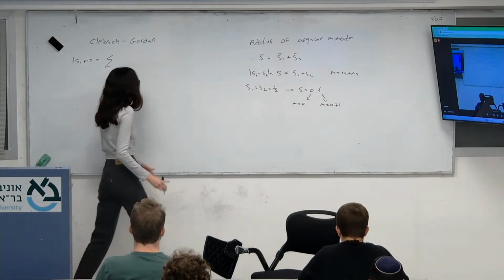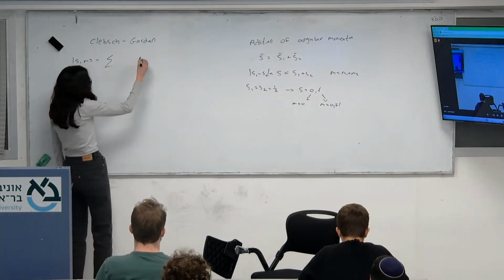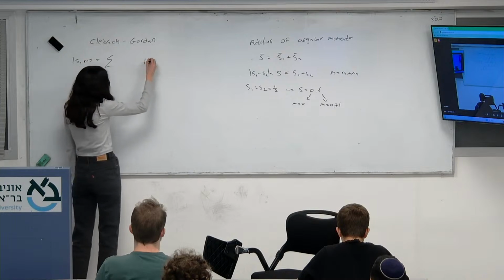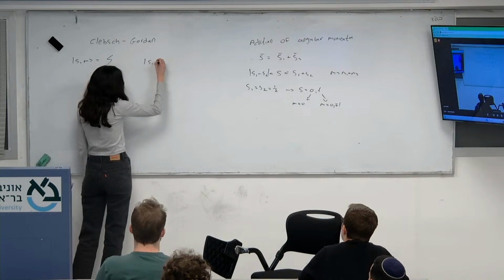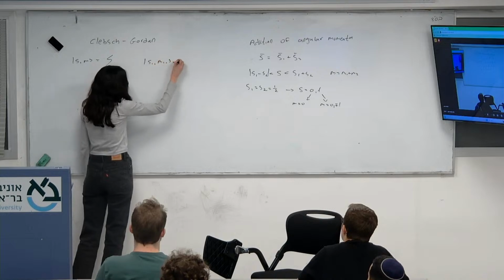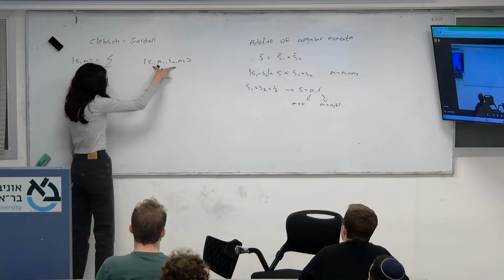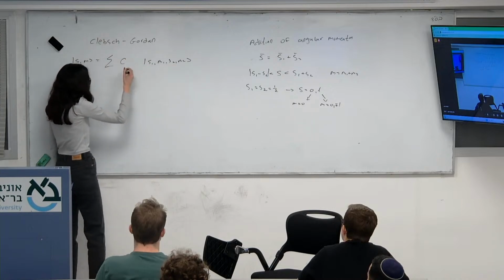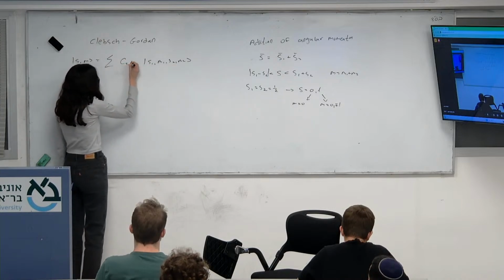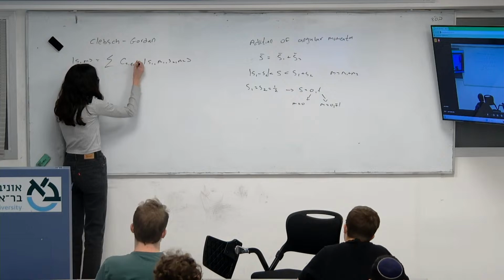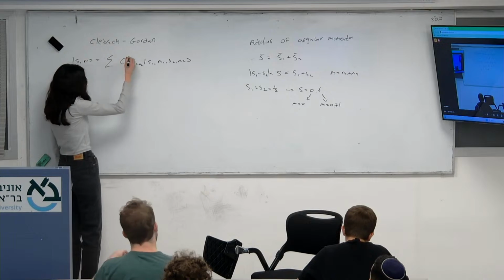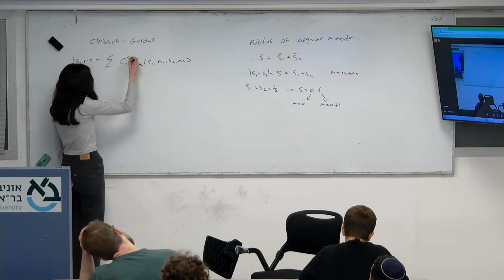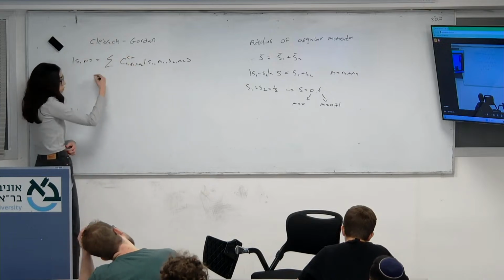So I have some coefficient that multiplies the state S1, M1, S2, M2. This coefficient depends on S1, S2, M1, M2 and the new quantum numbers S and M, and I have a summation over M1 and M2.